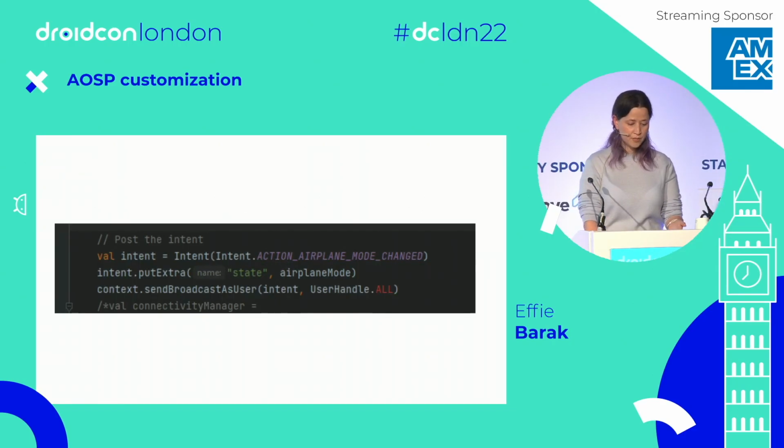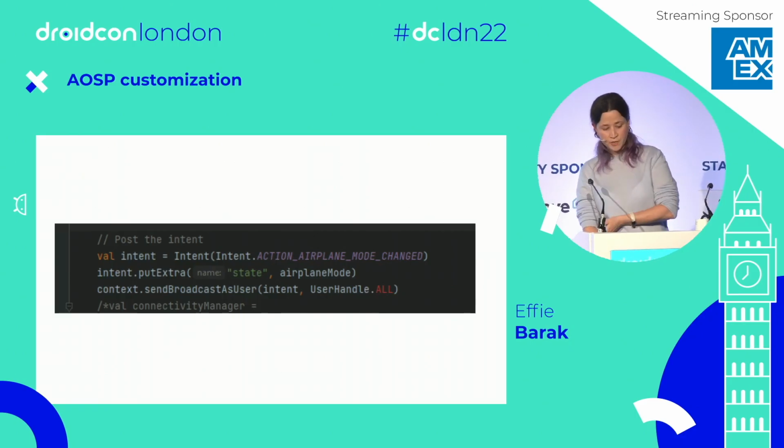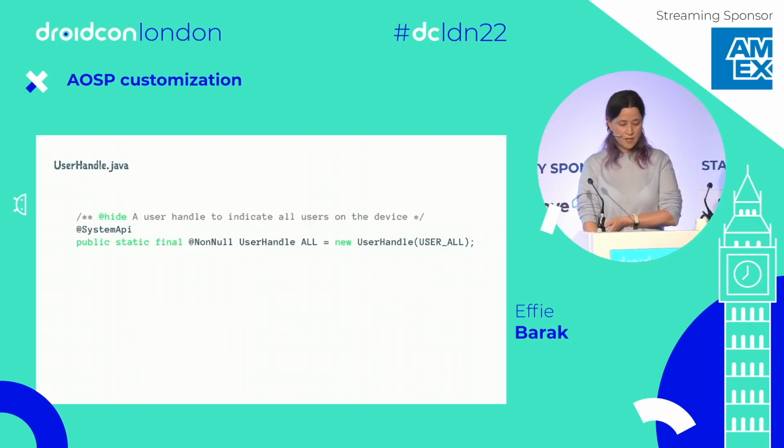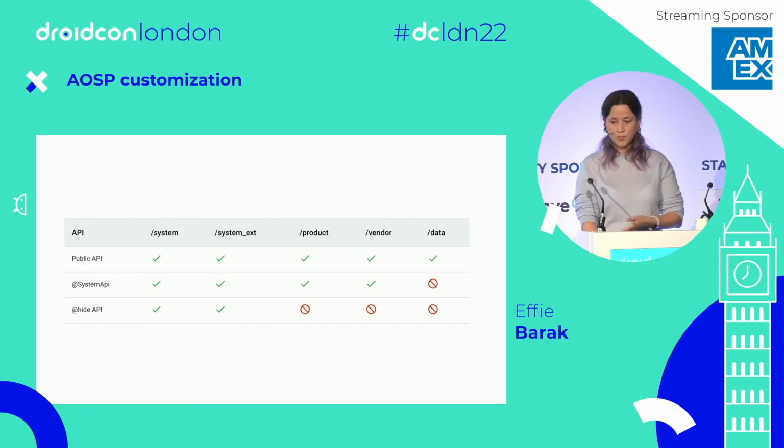But if we took this all the way to the AOSP side, and we tried to build our app with MK, et cetera, it would build, because we are supposed to have access to all these system APIs and hidden APIs, because we have the right certificate for it. So it's not a question about whether we have to change the SDK.